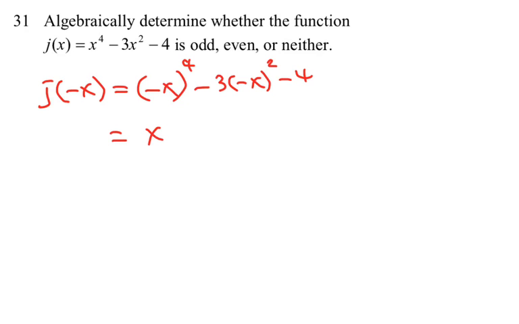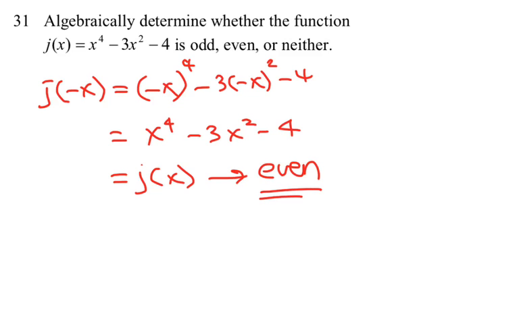But since all of them are raised to an even exponent, that's the same thing as x to the 4th power, minus 3x squared, and minus 4. But that is, in fact, the same thing as the original function, so we can write it as j of x, which basically means it's an even function. All right, let's move on to the next problem.